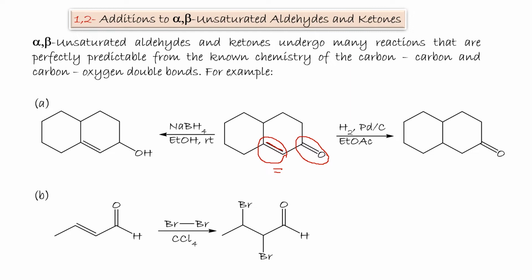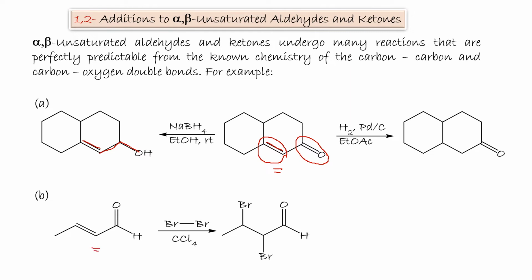On the other hand, using sodium borohydride in ethanol at room temperature produces the allyl alcohol, double bond, single bond, and then OH. So we reduce the carbonyl functionality under this condition.